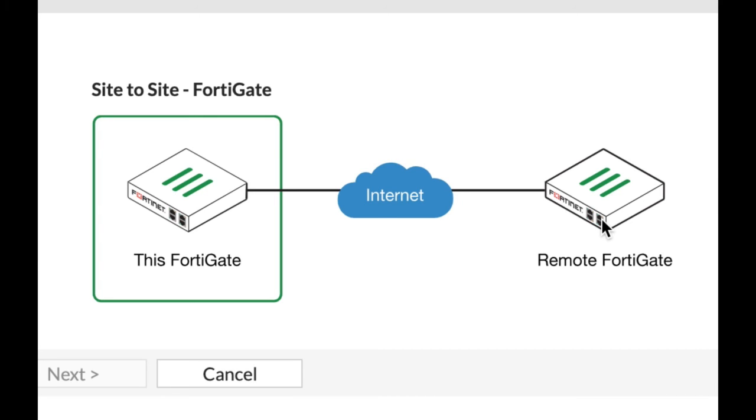The only difference is the IP addresses of the remote gateway and the remote local area network, which should be configured in the phase 1 and phase 2 configuration. Another thing to do is to set up the policies, the security policies, and the static route.